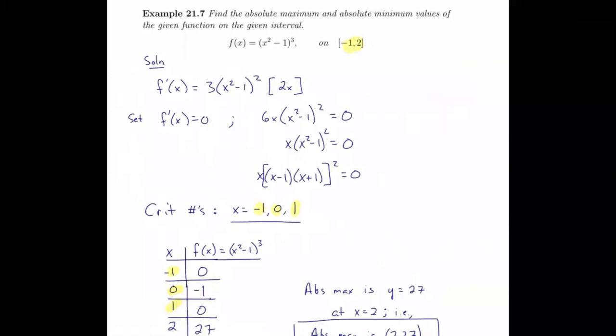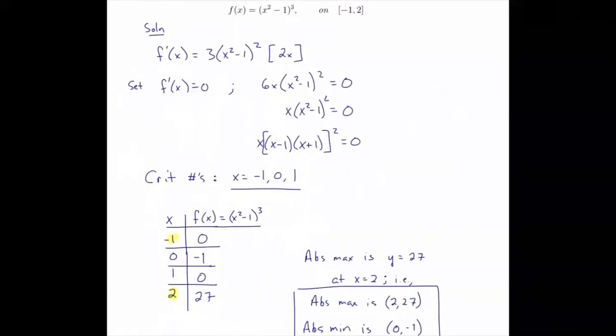They're still less than 2 and greater than or equal to -1. And I end at my right endpoint of 2. So both my endpoints make the list, and any of my critical numbers that are between them make the list. Since -1 was equal to an endpoint, I didn't have to write it a second time. And it sort of automatically qualifies to fit the list because it's an endpoint.